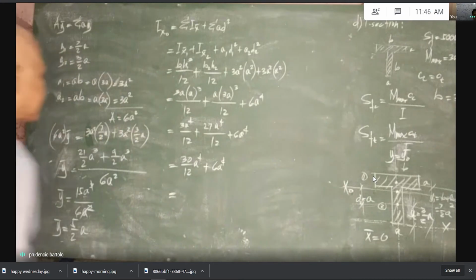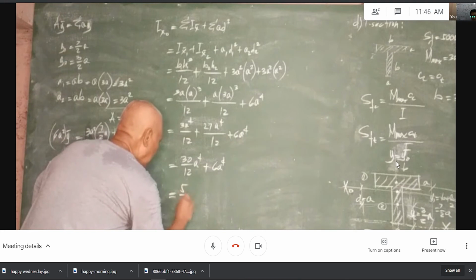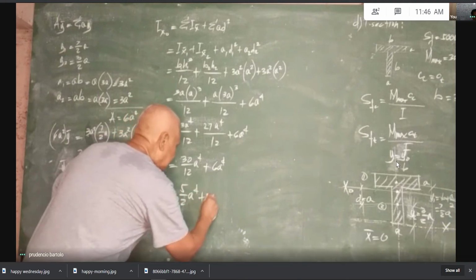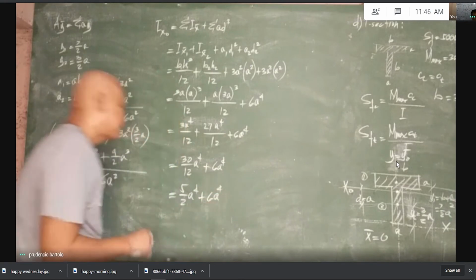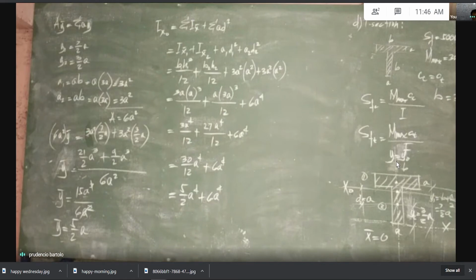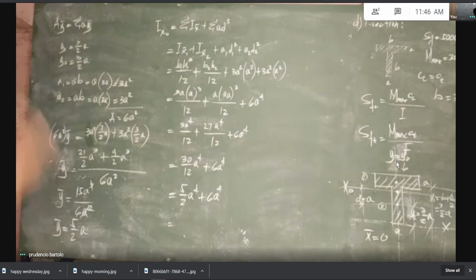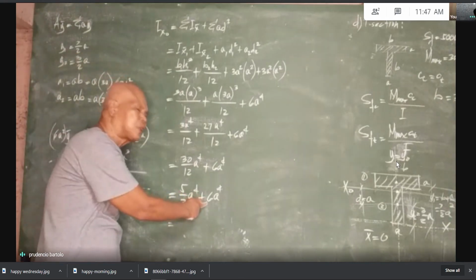Or that is equal to 5 over 2A to the 4th plus 6A to the 4th. Or that is equal to, this is equivalent to 12 over 2.